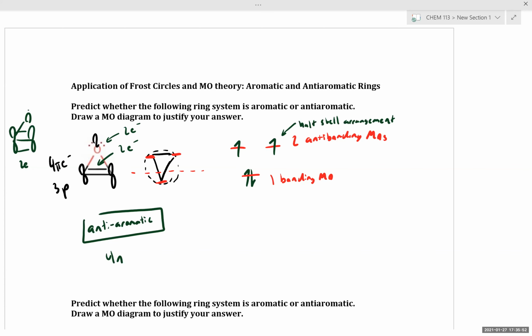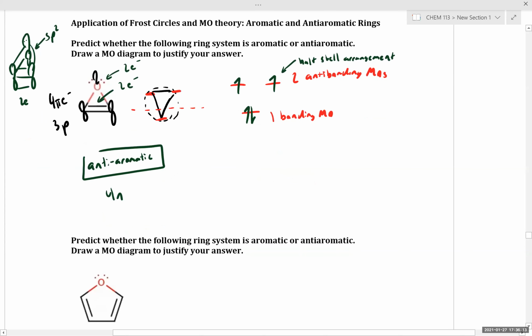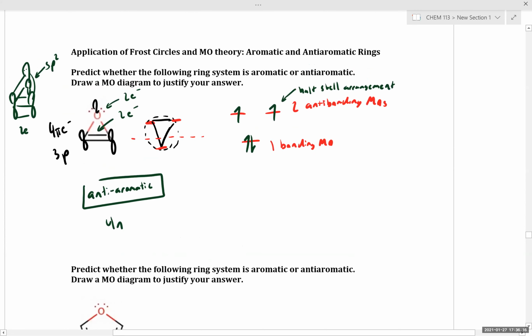And then we have 2 electrons that are in a p orbital that are conjugated to our pi system, because this oxygen is sp2 hybridized. Does that make sense? Yes, it does. Thank you. Perfect. Any other questions on this example?